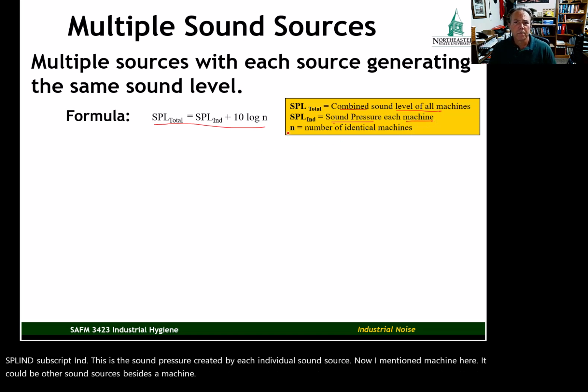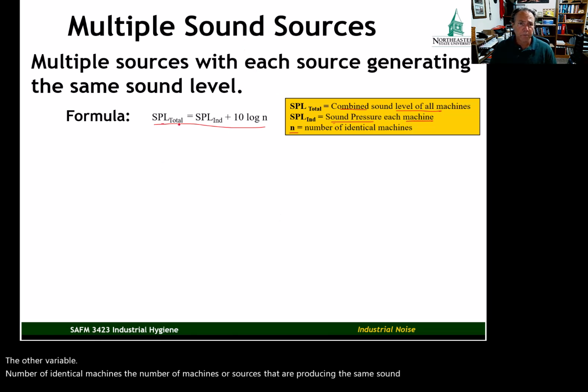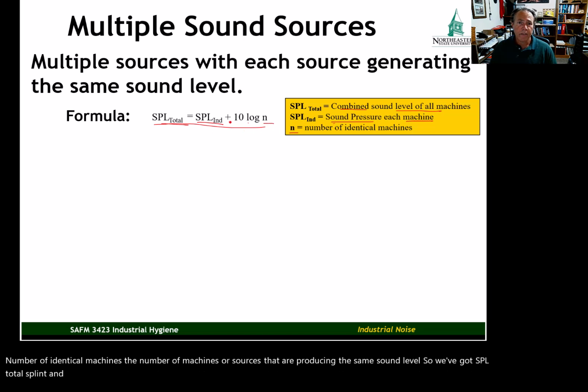The other variable, N, number of identical machines, the number of machines or sources that are producing the same sound level. So we've got SPL total, SPL IND, we've got N, and then we've got 10, which is a constant, and then the logarithm function like we saw in some previous videos.